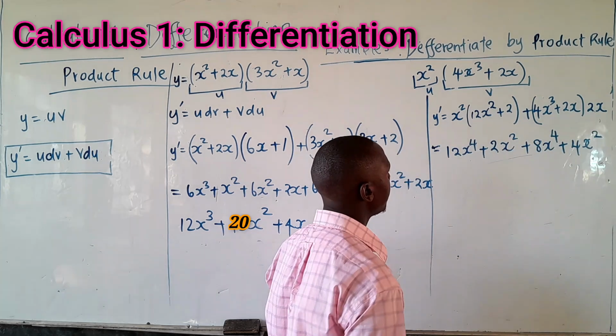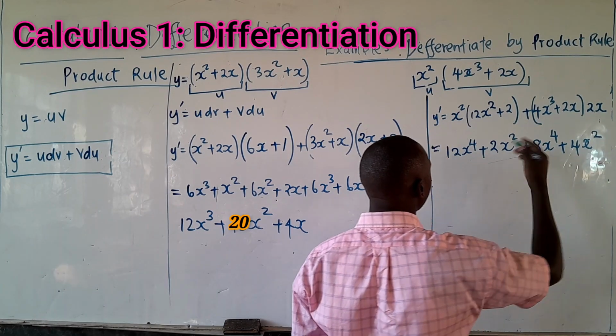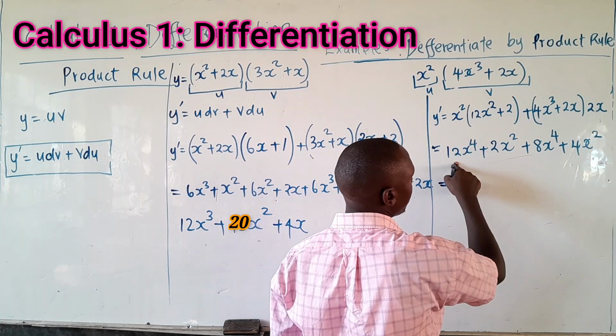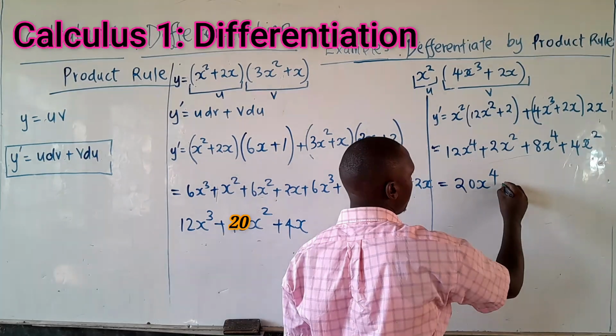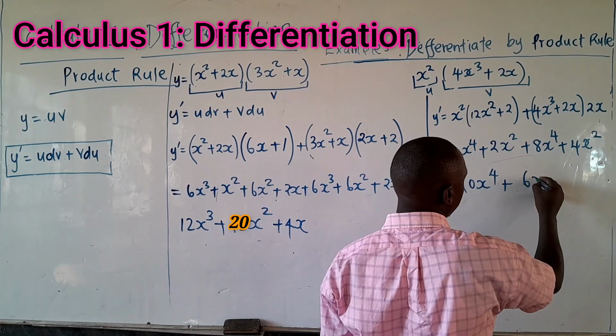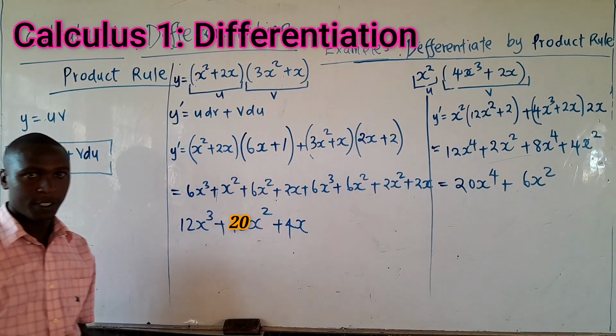Finally, we have a power 4 here, power 4 here, power 2, power 2. You can simplify that further. 12 plus 8 is 20x power 4 plus 6x squared. So that becomes the derivative of our function.